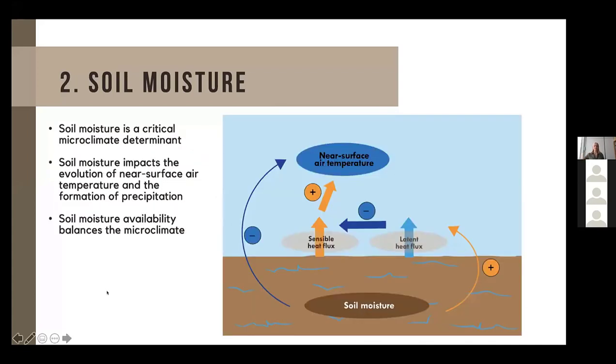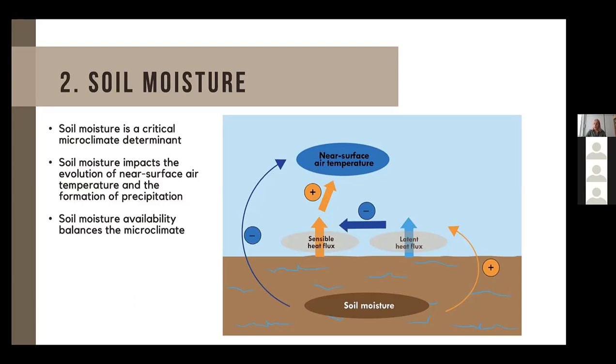Yeah, and as we saw before, soil moisture is a very critical microclimate determinant because it plays a huge role in the division of energy into the sensible heat flux and the latent heat flux. So soil moisture is needed for evapotranspiration. So when there's sufficient soil moisture, evapotranspiration is possible, meaning that more energy will go to the latent heat flux.